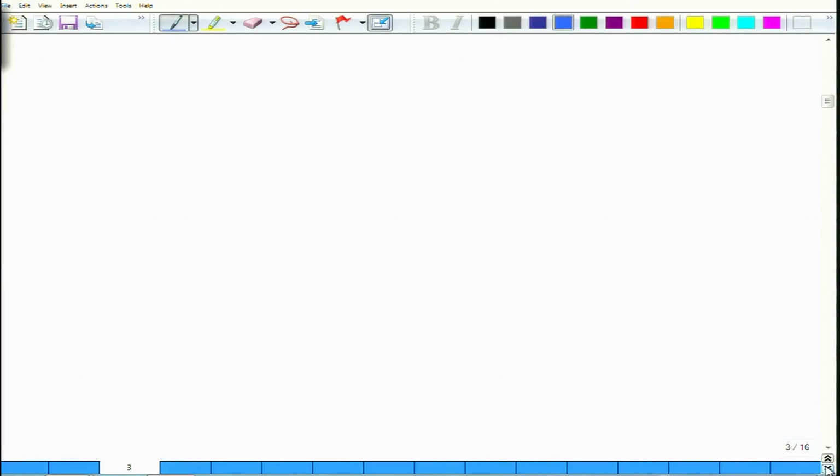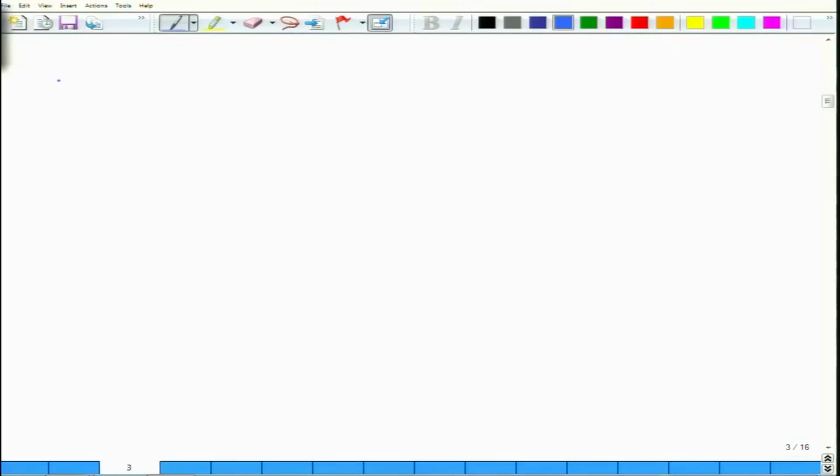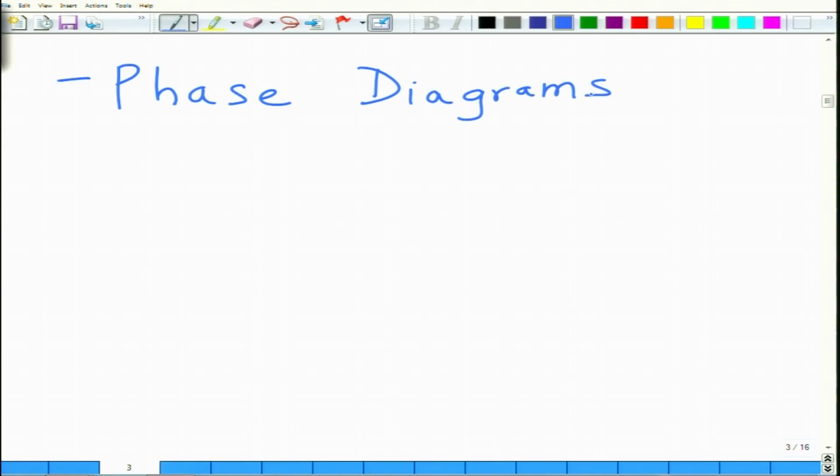Then, once we have understood how phases coexist with each other, what the free energy arguments are as a function of temperature and composition, we will move on to defining a concept called phase diagrams. Okay, and in this, we will look at phase diagrams. What is a phase diagram? So we will look at the definitions. Then we will look at single component systems.